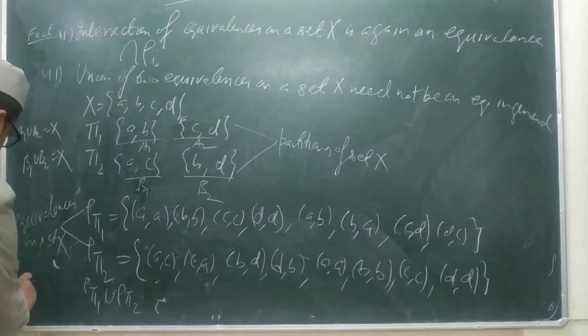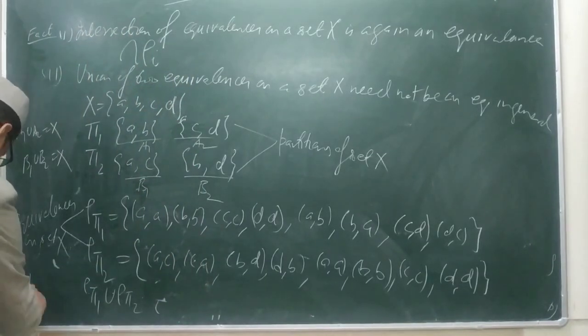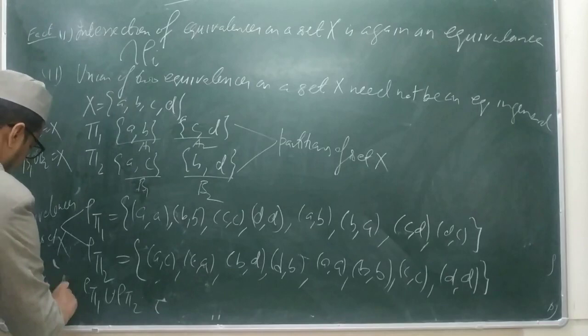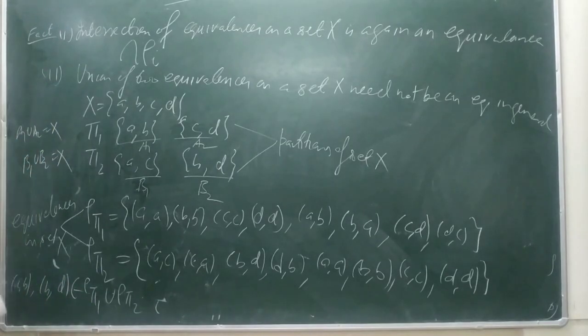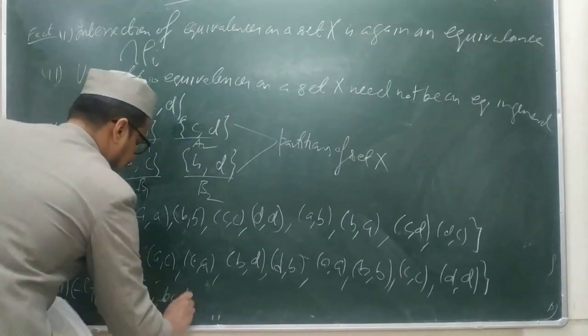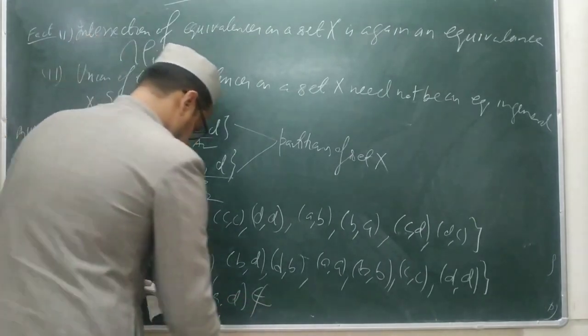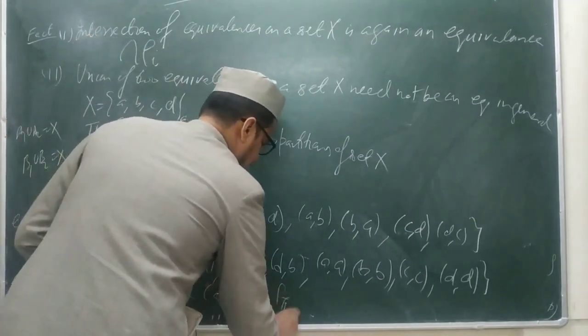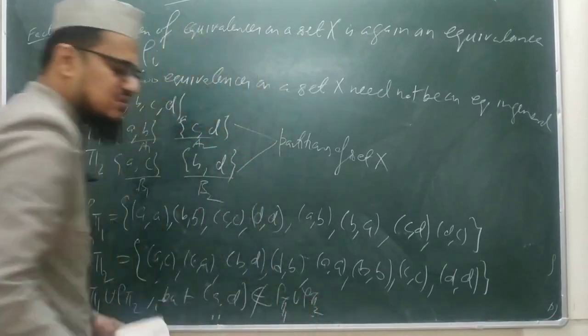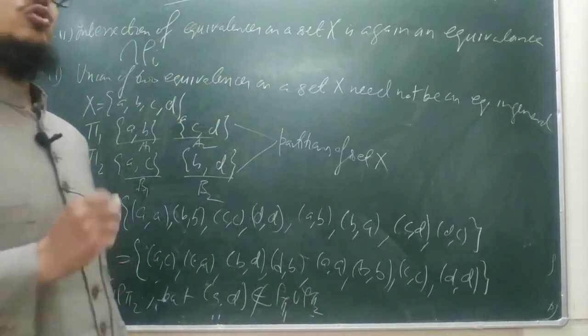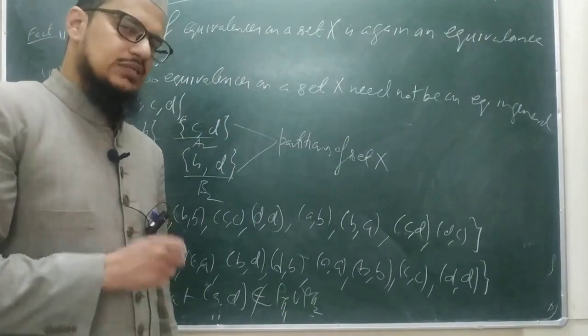Why? Because A comma B as well as B comma D both belong to this, but A comma D does not belong to rho pi 1 union rho pi 2. It means that rho pi 1 union rho pi 2 is not an equivalence relation.